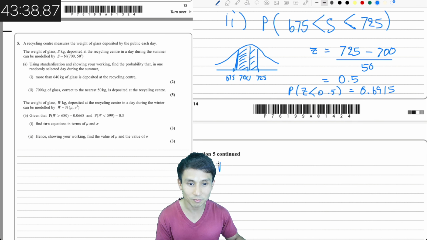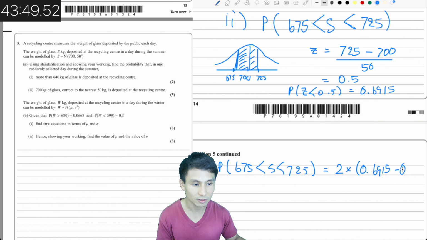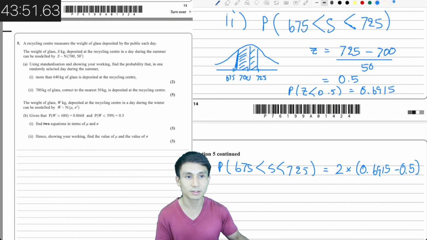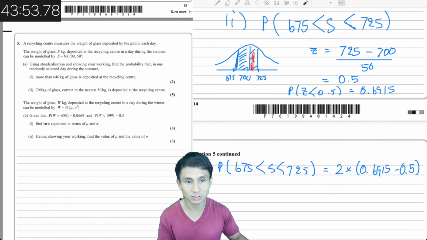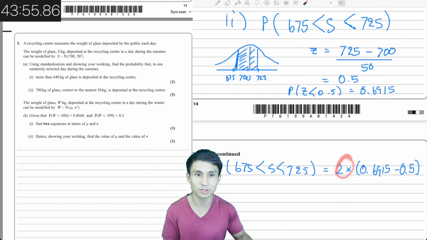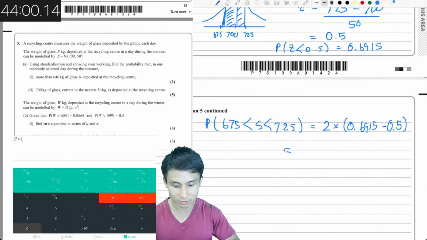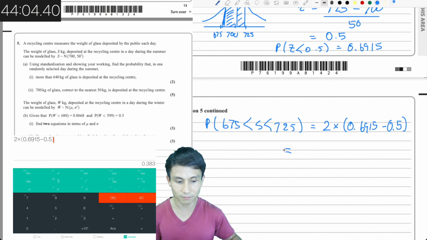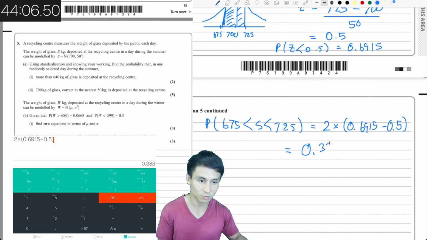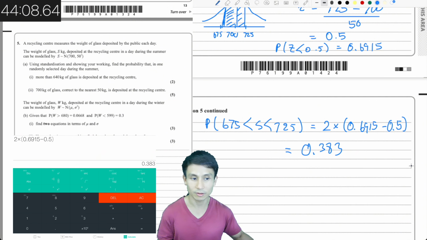So for the probability of the whole thing, we can do 2 times that minus 0.5, because one of these is just this bit. We've got to multiply by 2, yeah? Okay, so that equals 2 times brackets 0.6915 minus 0.5. So that's 0.383, right? So that's done.